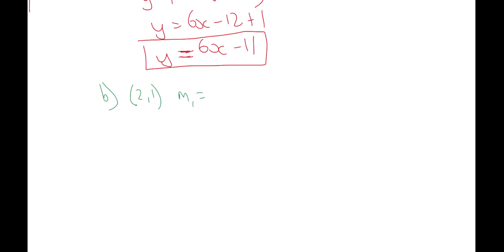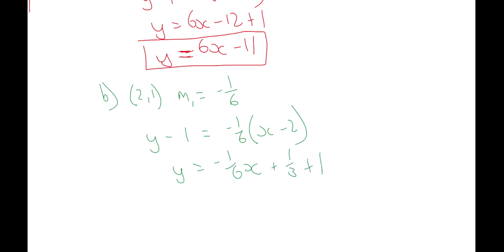Negative 1 over 6, right? Then I've got y minus y1, which is exactly the same, equals m times x minus x1. So y equals negative 1/6 x plus 1/3 plus 1. So y is negative 1/6 x plus 4 over 3.